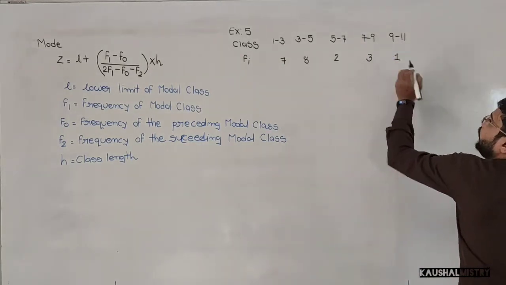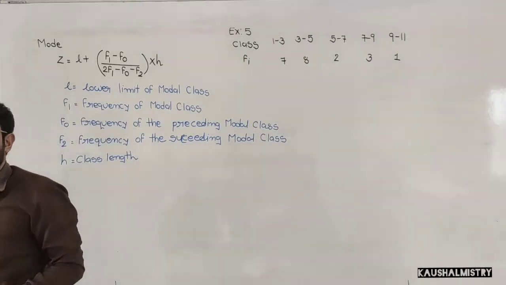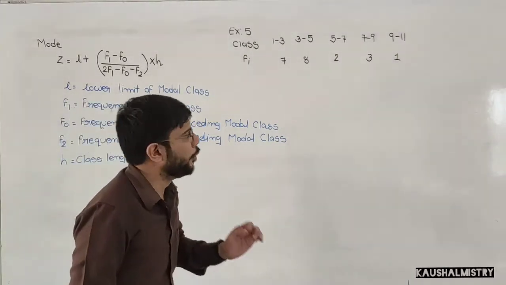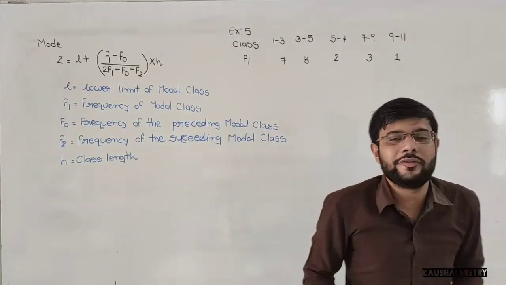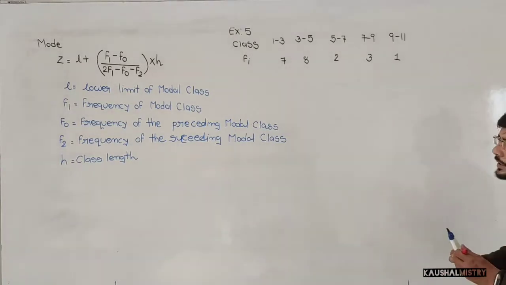Now, if we want to find the mode, then first we have to find the modal class. How are we going to find the modal class? You have to see the frequency.